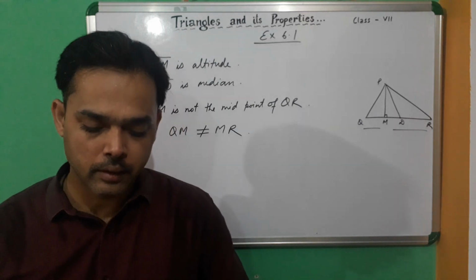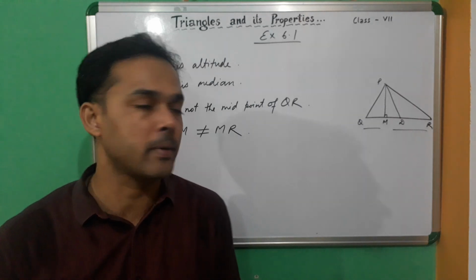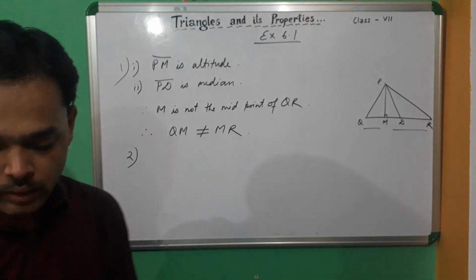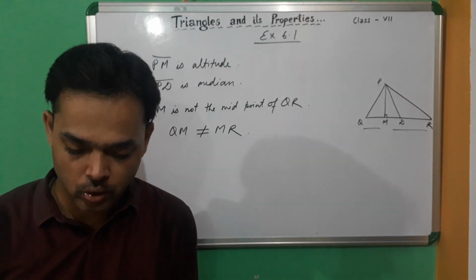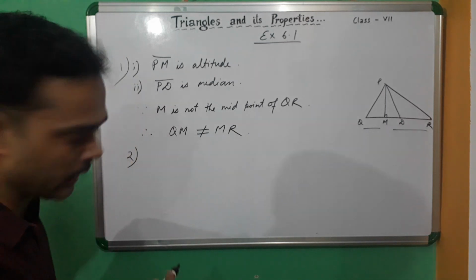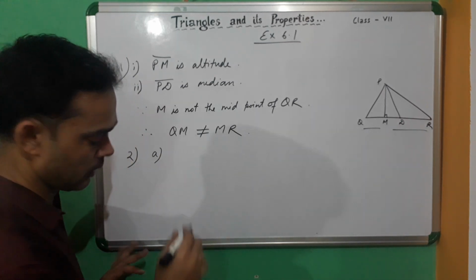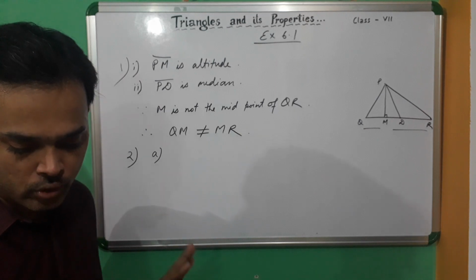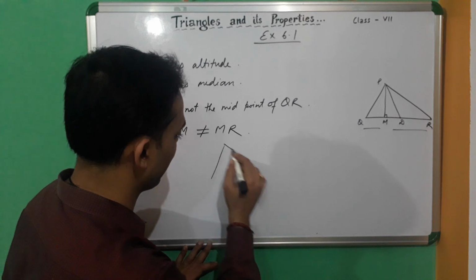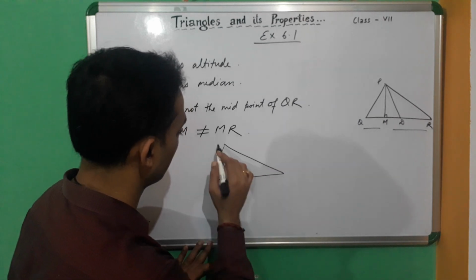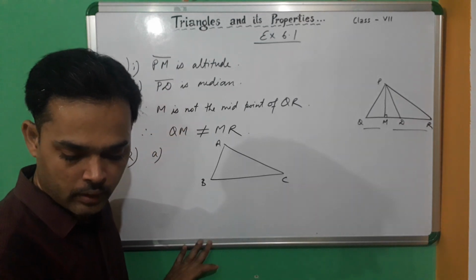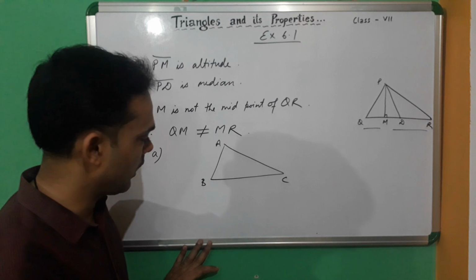Now let us move on to question number 2. Question number 2 is, draw a rough sketch for the following. In A part, it is mentioned we have to draw a triangle ABC. So say I have drawn a triangle A, B and C. It is said BE is a median.